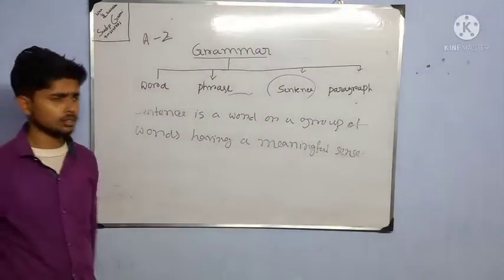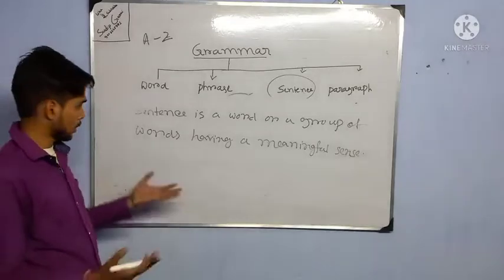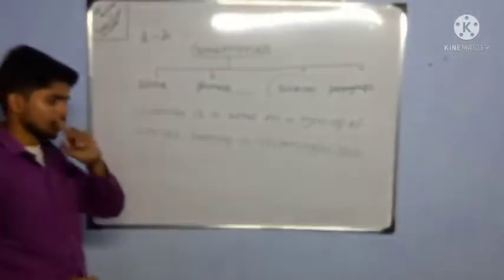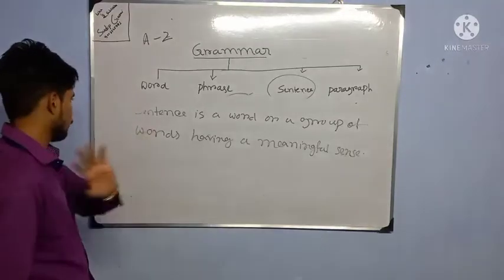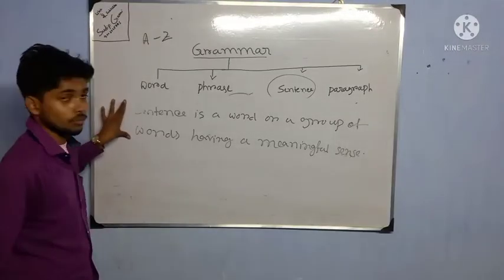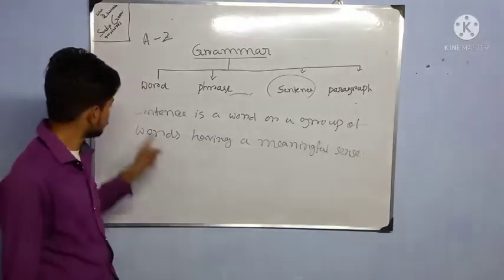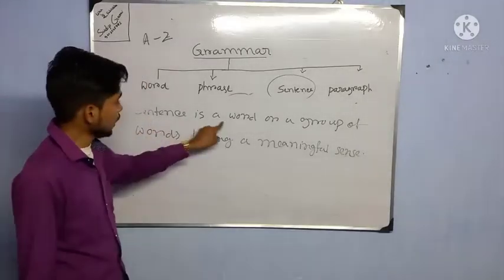Sentence and phrase are almost the same. They are directly or indirectly linked with one another. Only one thing is different. I will tell you later. So look at the definition of sentence. What is sentence? Sentence is a word.